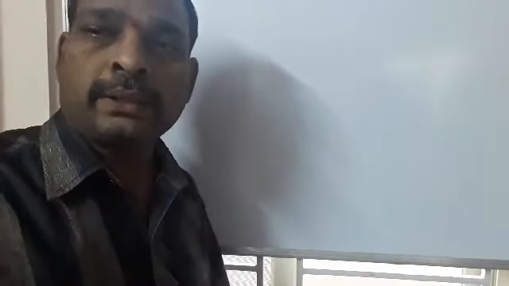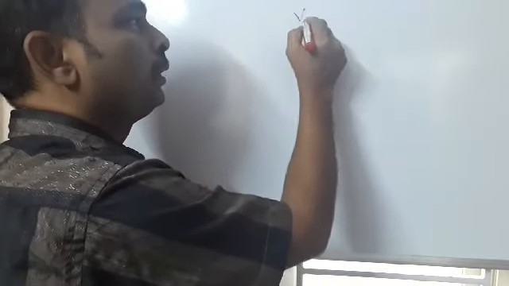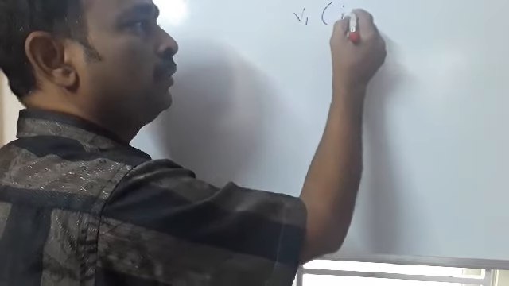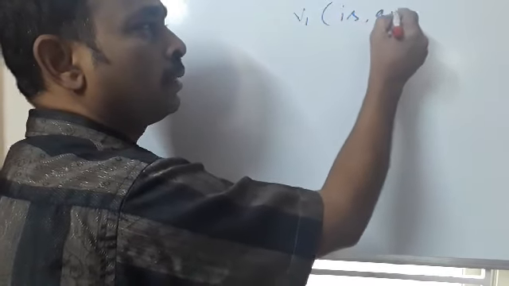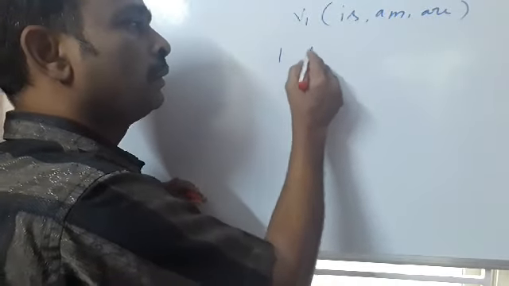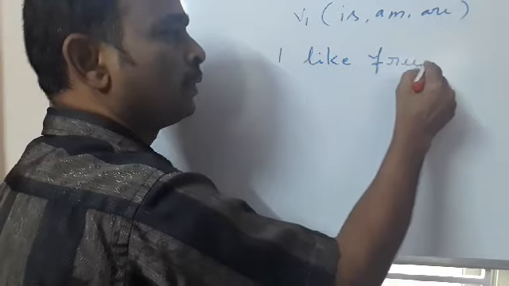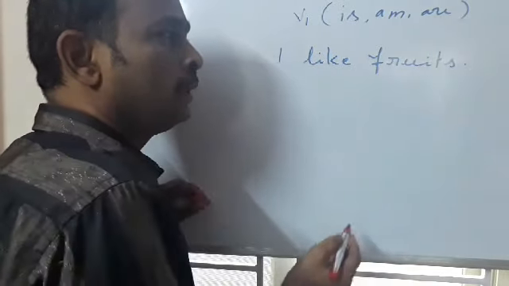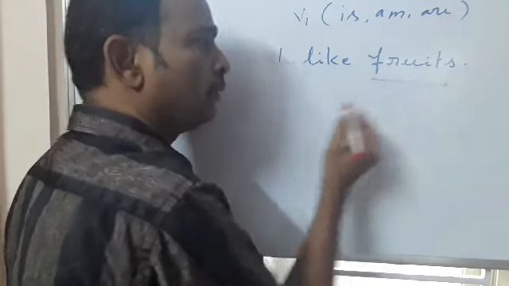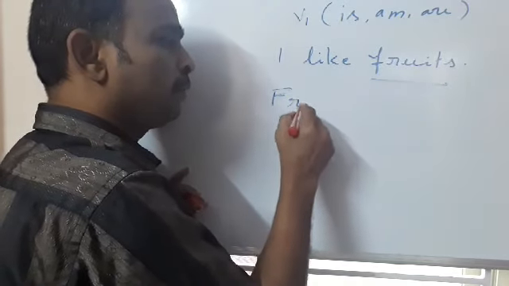So let us see examples with verb 1. Verb 1, I already told you, B forms are is, am, are. Say, I like fruits. Here the object is fruits, no? So begin with fruits.